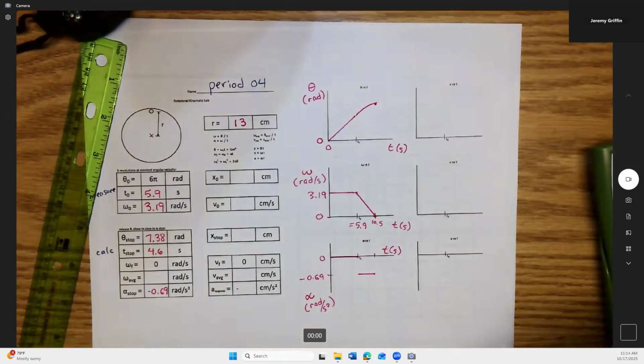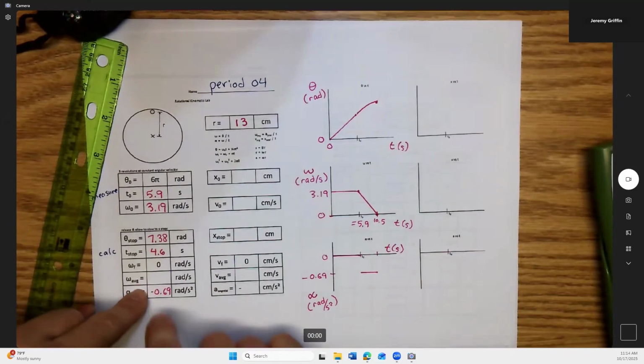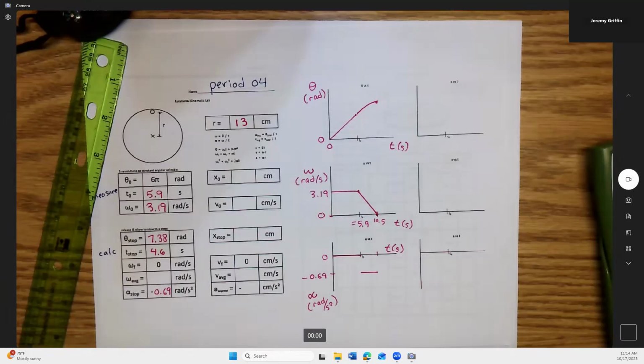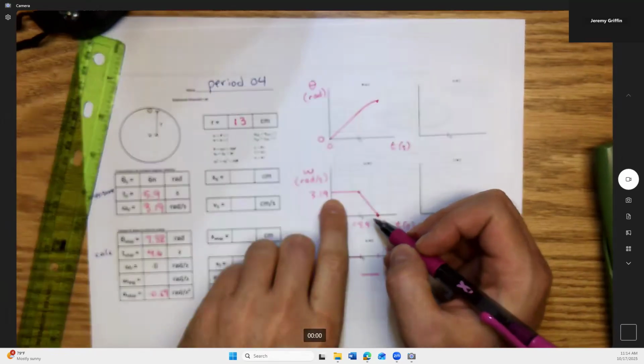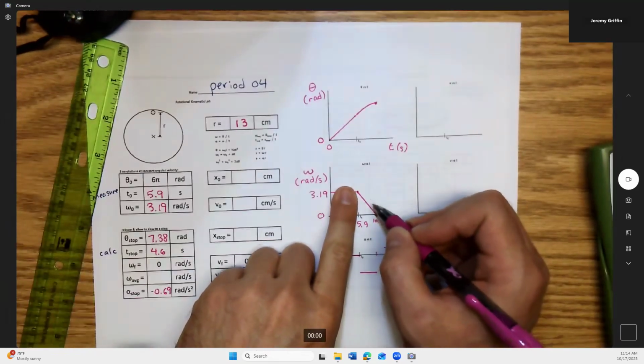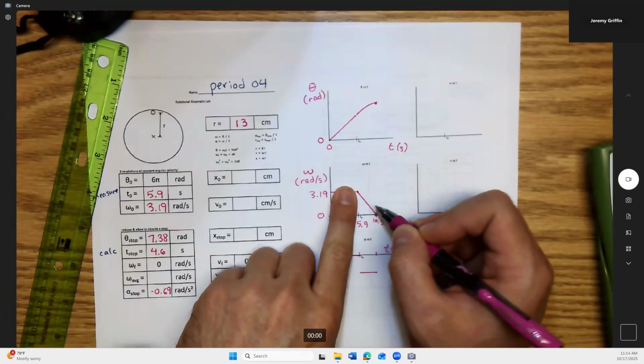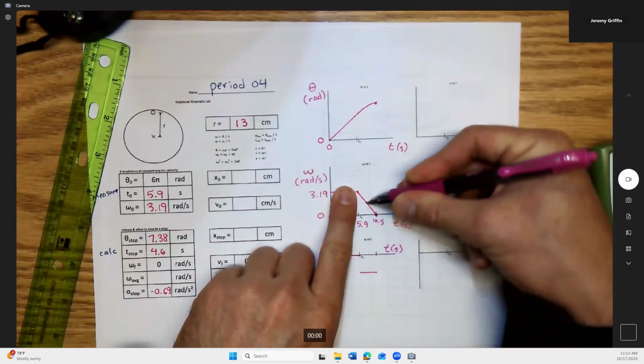All right. Now, let's go fill in this one box we had over here. You guys see omega average, like the average angular velocity? We almost never talk about average velocities in this class, but every once in a while it comes up. But you can see it really quickly from the graph. If I'm just looking at the average velocity during the part where it's slowing down, wouldn't that be like this midpoint right here?